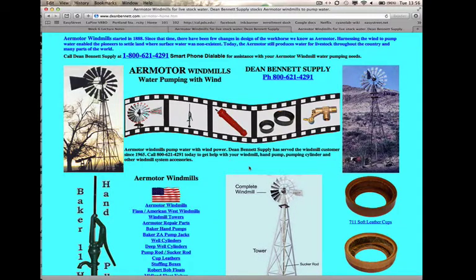They're easy to fix because they're all mechanical, and all they do is pump water from relatively shallow groundwater wells up to water stock, or maybe provide water for a small agriculture operation. And they're just made out of very durable and easily fixed parts.